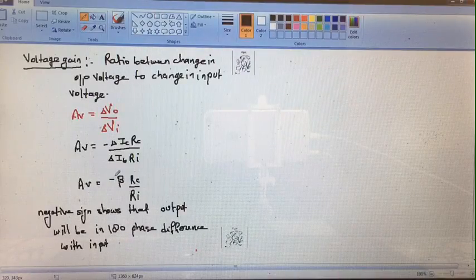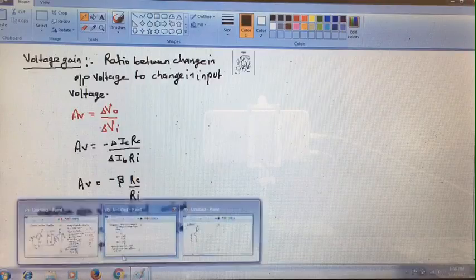Our mathematical calculation is showing that the output will be 180-degree phase difference with the input. Now see with the working of the transistor.